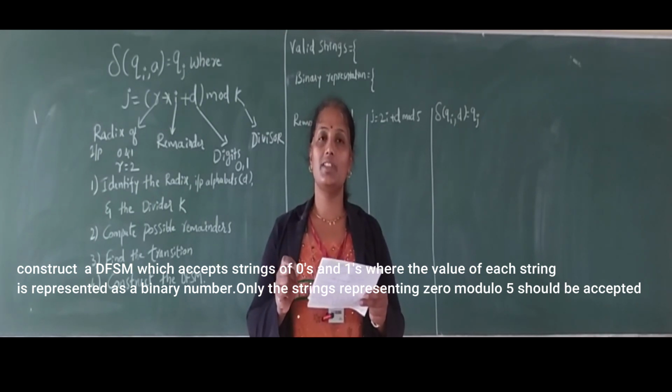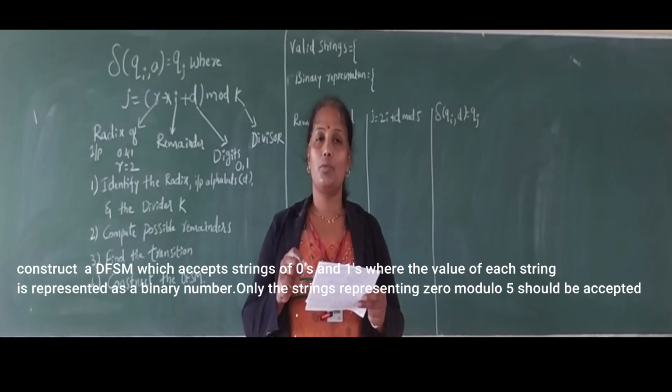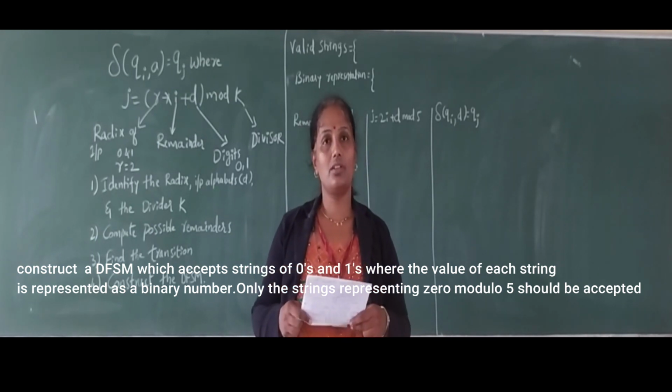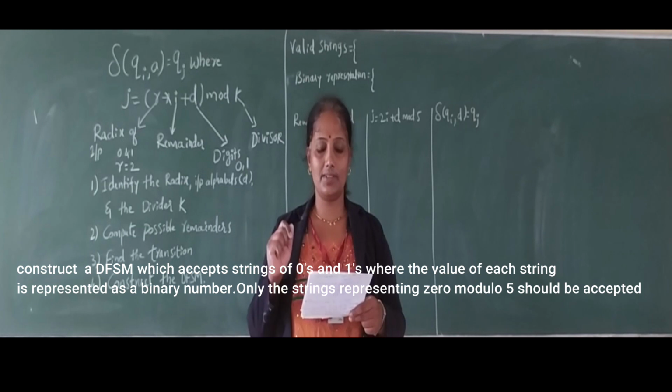The meaning of this is you are going to accept the strings such that when you divide that string by 5, the remainder should be 0. Means you accept the numbers which, when divided by 5, give the remainder 0. So check out the DFSM for this.